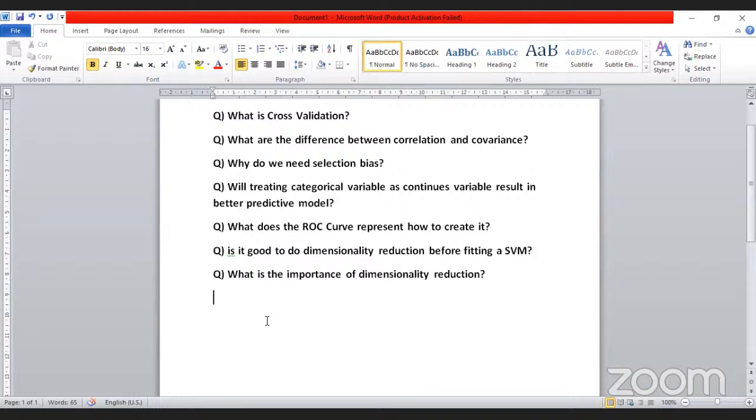That means when we have huge data, with a large number of columns, and we apply dimensionality reduction, it will try to minimize the number of columns while keeping the same information, to avoid overfitting and reduce the variance.